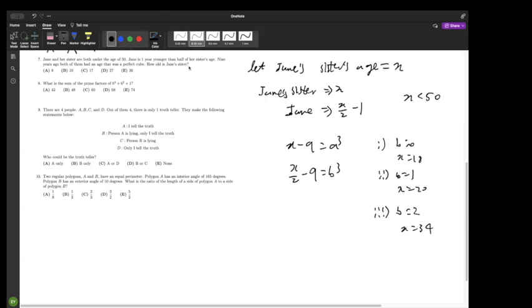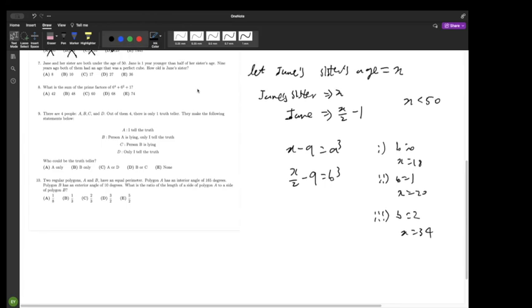When b equals 2, we get 17 and 34. What is 34 minus 9? I think it's 25.